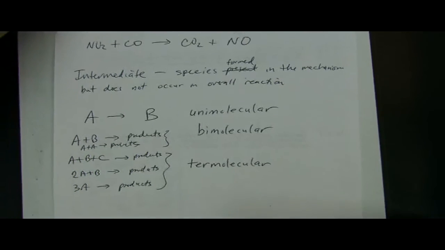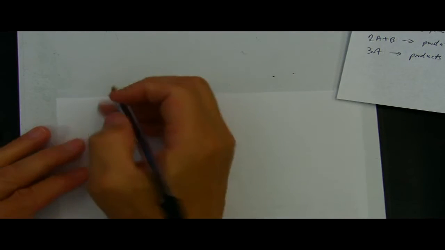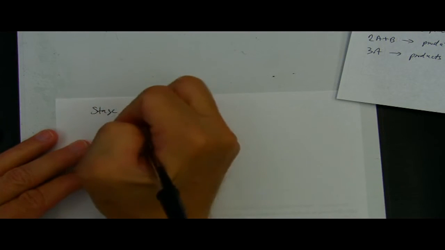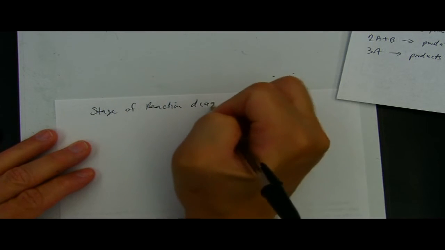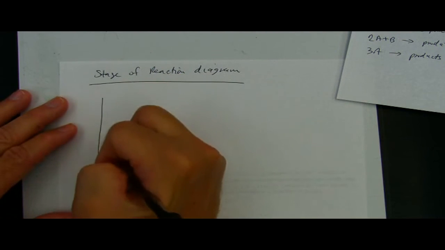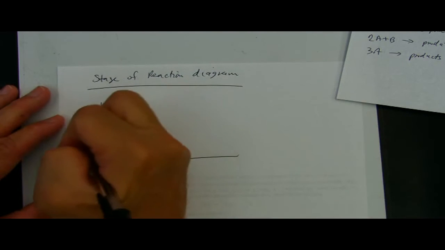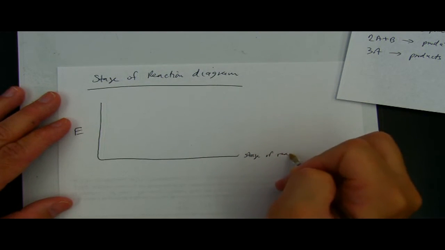So if we look at energy requirements, something called a reaction coordinate diagram, or stage of reaction diagram. Here we've got energy, and over here is the stage of reaction.